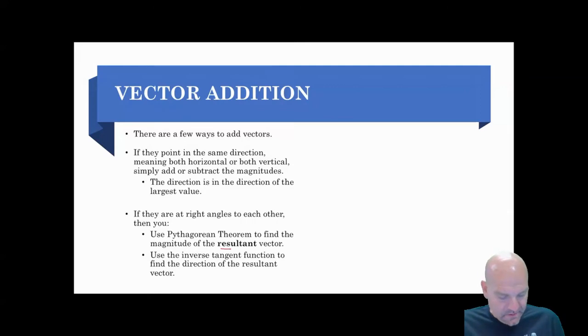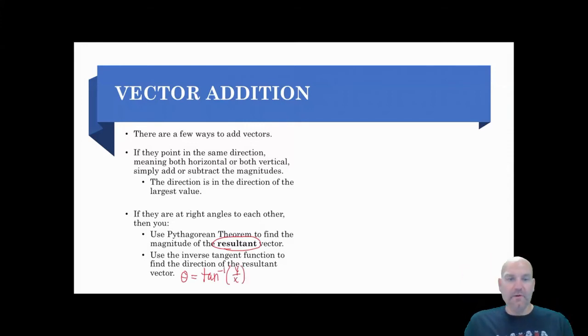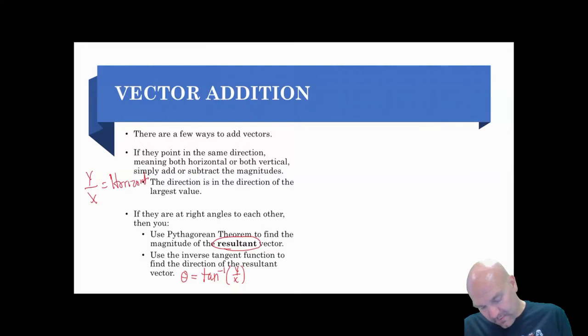When you use the Pythagorean theorem, what you look for is called the resultant vector. Then you use the inverse tan function to find the angle. So theta equals tan inverse of your y component over your x component. Again, by doing y over x, that gives us our horizontal angle.